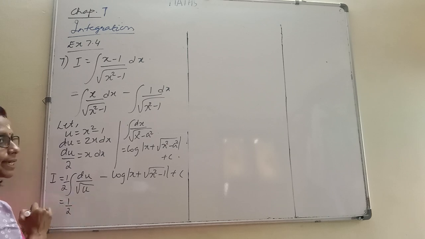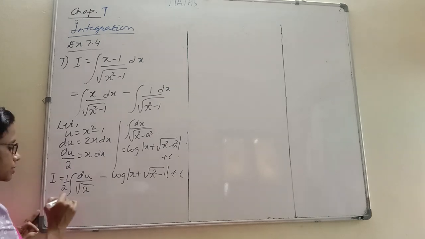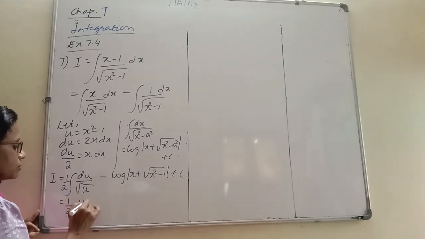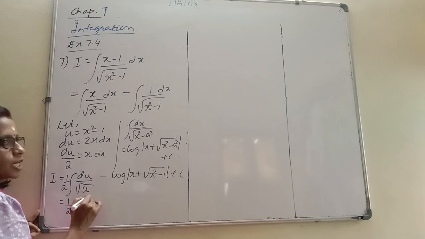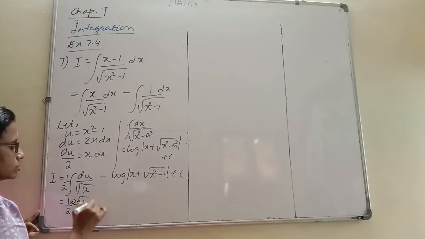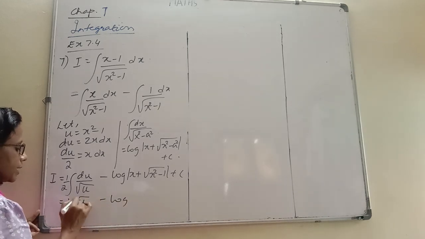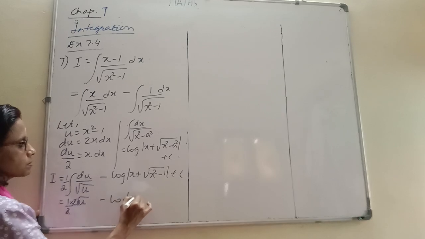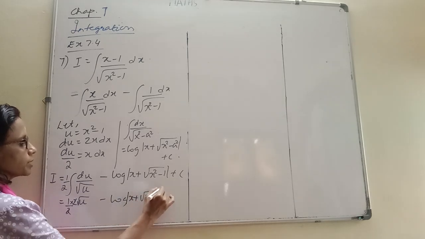So u raised to minus half, we know, is u raised to minus half plus 1, so that's going to be half over half. So 2 root u, minus, that can cancel, log x plus root of x squared minus 1 plus c.